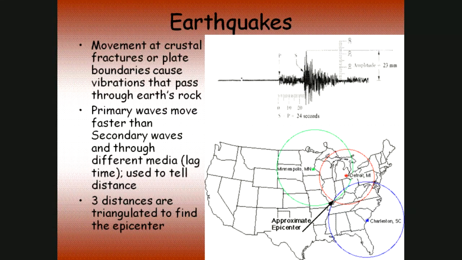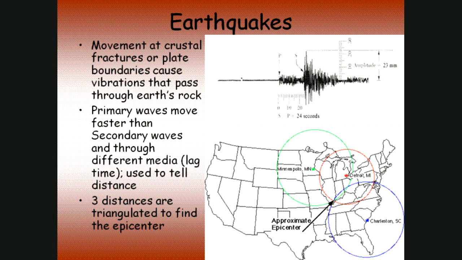And you and I feel them as earthquakes. So again, maybe we're using the wrong word. Maybe vibration, that's what they are, but they're so massive. You know what kind of damage earthquakes can equate. Okay, so anyway, movement at crustal fractures or plate boundaries cause vibrations passing through the Earth's rock.